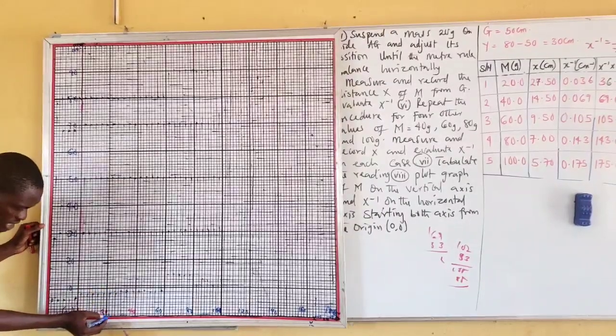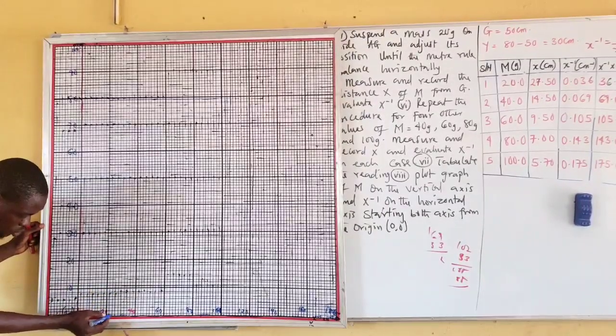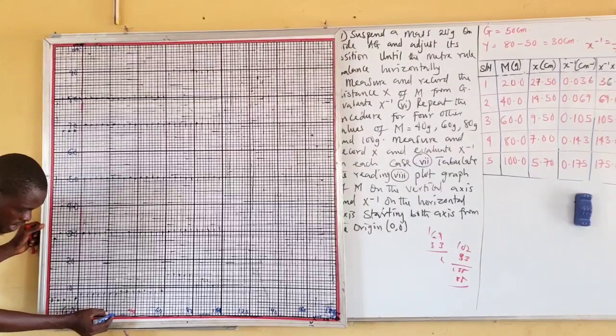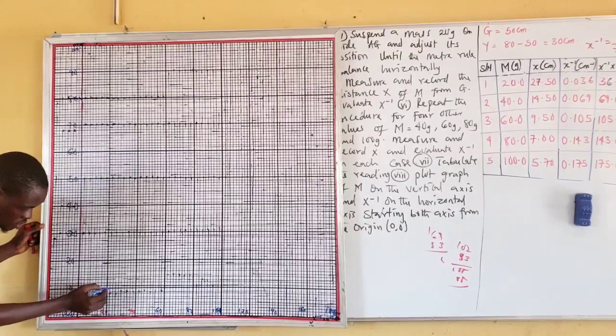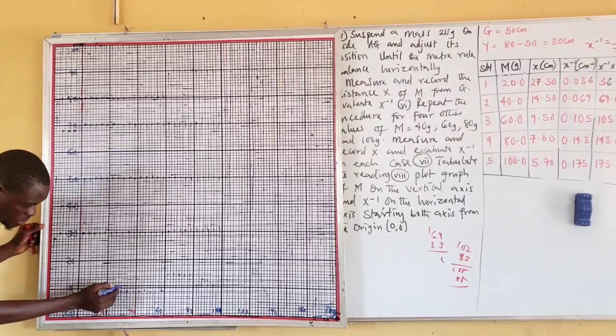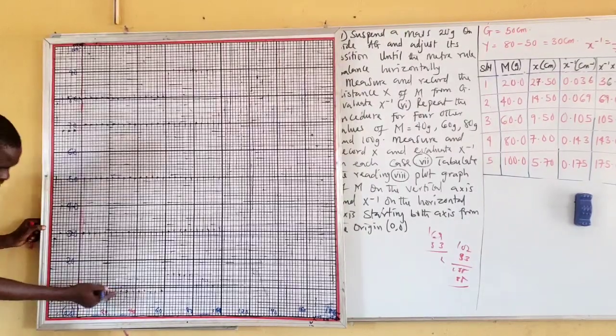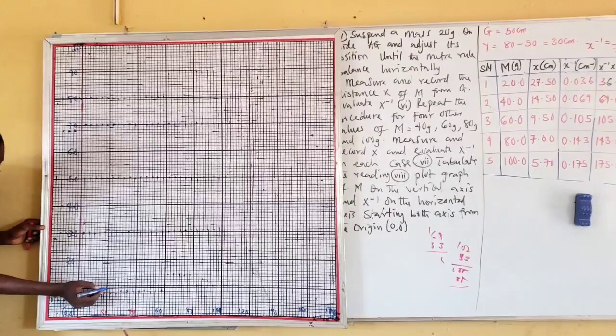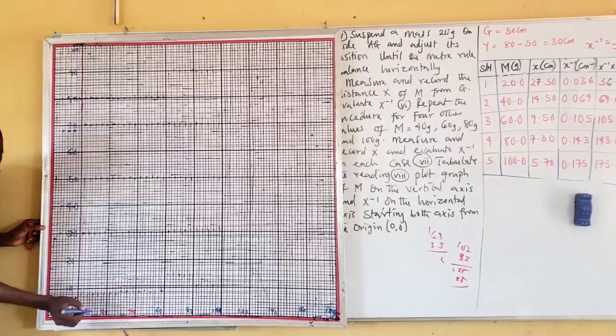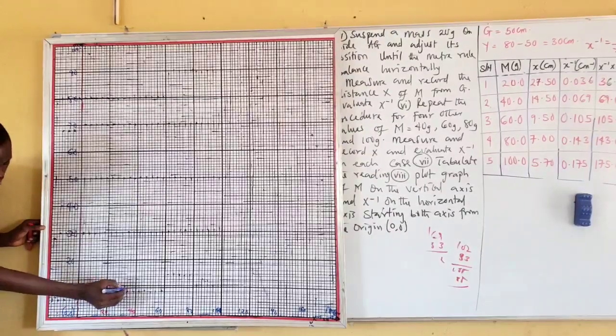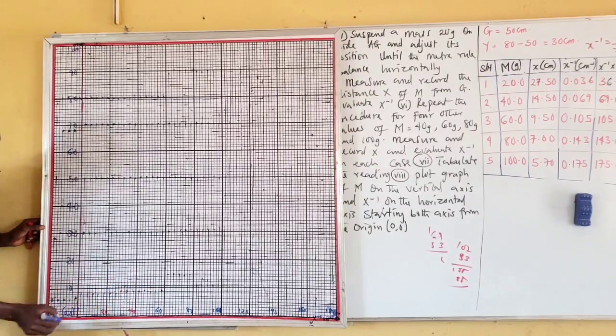Now, if here is 20, then 22, 24, 26, 28, here should be 30. This place here should be 30. Reading it like this: 20, 22, 24, 26, 28, and 30. Here should be 32, 34, and 36. This is my value of 36 here.